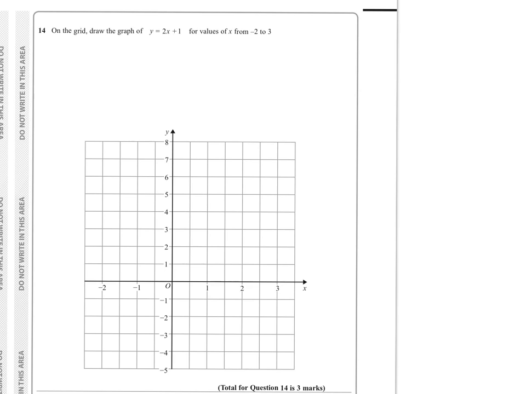Question 14. On the grid, we have to draw the graph of y equals 2x plus 1 from -2 to 3. So luckily our x-axis is labelled here from -2 to 3. So all we've got to do here is think carefully.